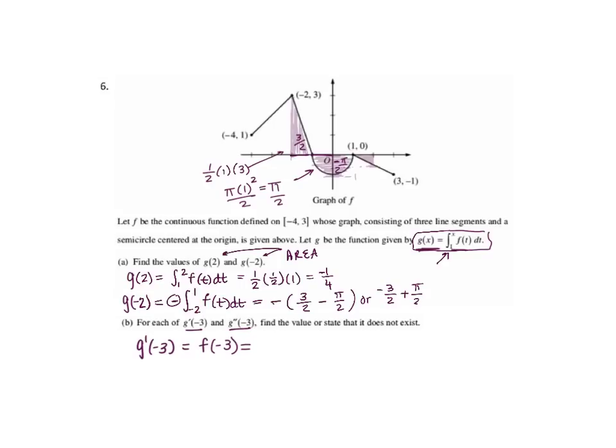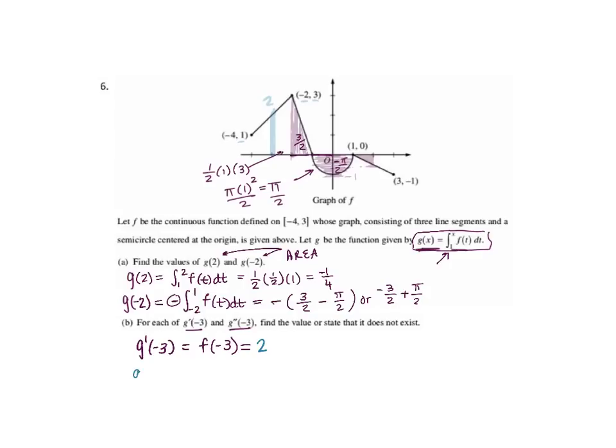So negative 3 is going to be in this region here. And we can count off our slopes and find that we're going to end up here. We have somewhere between 3 and 1, and if we look and do our slopes, we would see that's going to give us a 2 there. So g prime at negative 3 is going to be positive 2.